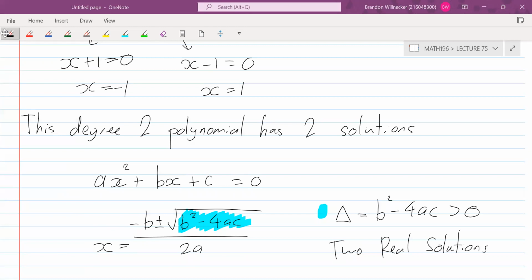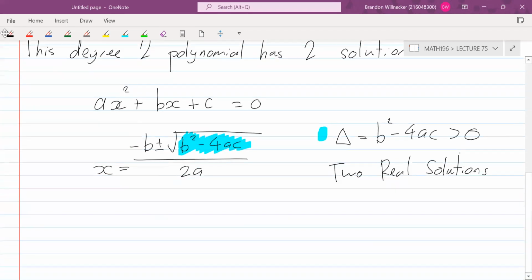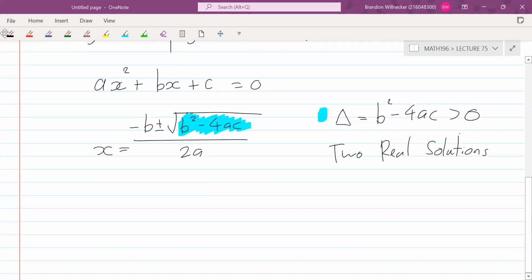When the discriminant is equal to 0, we only get one solution, but we count it twice. So we say that it has a multiplicity of 2. It may not be two unique solutions, but we still count the single one twice.